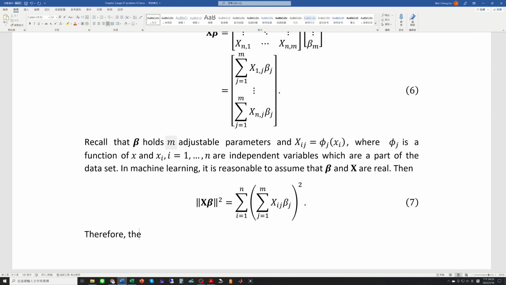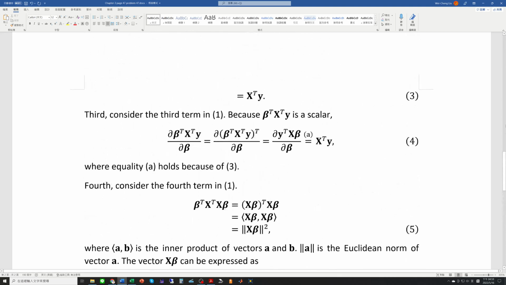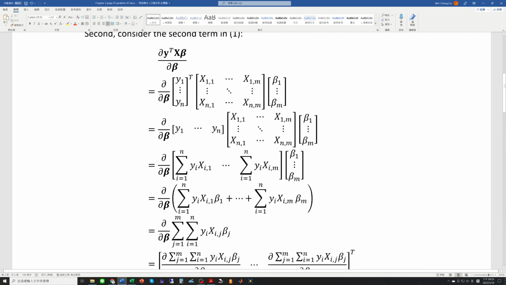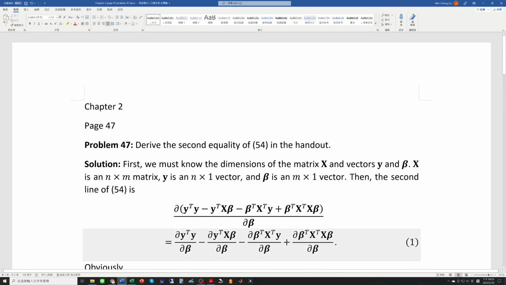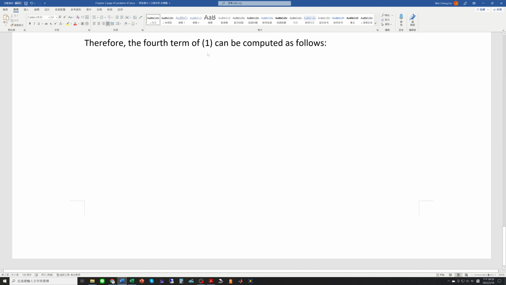Therefore, the fourth term of 1 can be computed as follows. Okay, so let us go to equation 1 and copy the fourth term and paste here.